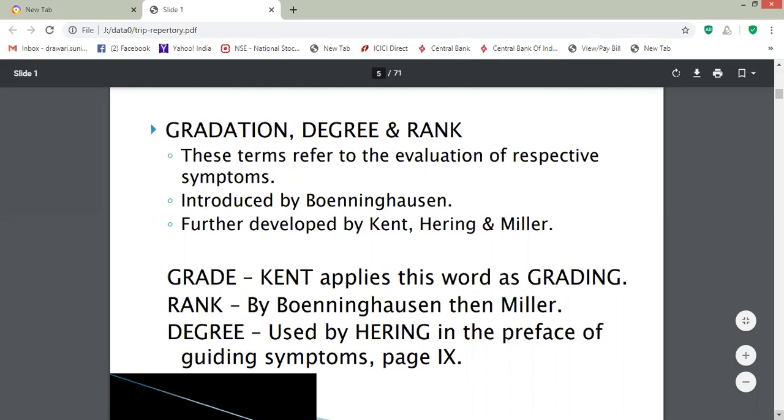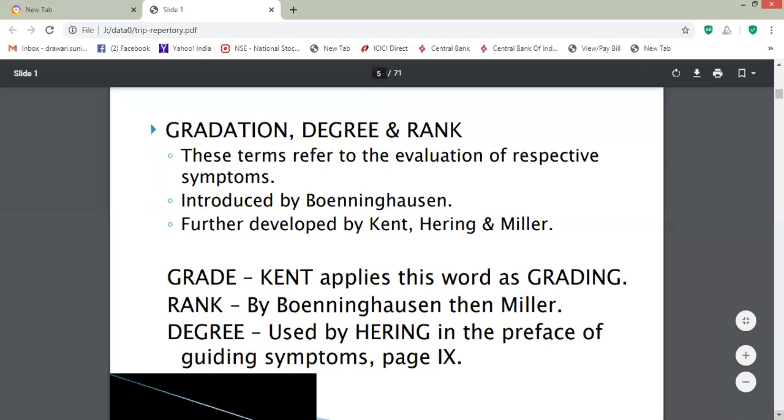These terms refer to evaluation of respective symptoms, and as we all know, this concept of gradation was first introduced by Dr. Boenninghausen. He introduced the 5 grades to the medicines according to their importance.